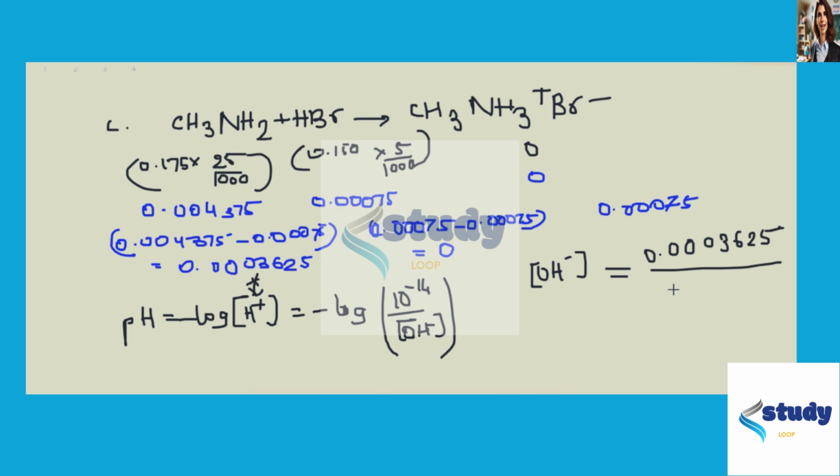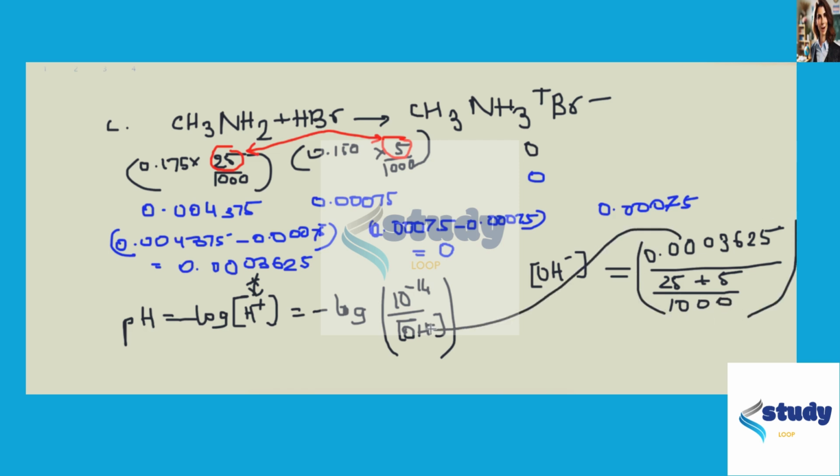Now remember, it's the volume of the solution, not just the volume of the base. So you have to add this and this quantity together, because that's how much solution is in there. Add it up, divide by 1000, because remember we convert everything into liters, and this is your OH minus. So now you can go ahead and plug this here, and you'll get a pH of 13.08.